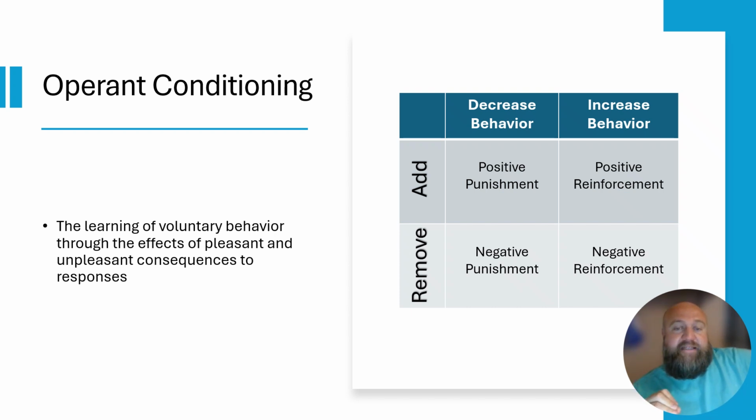Positive simply means that some kind of stimulus, something, is being added. Negative means something is being removed or taken away. That is important because oftentimes, especially in psychology, people associate positive and negative as being good and bad.